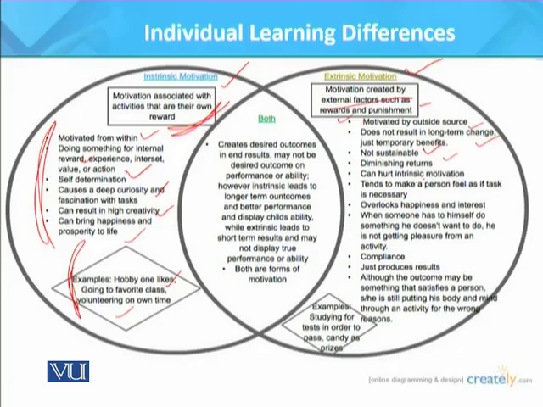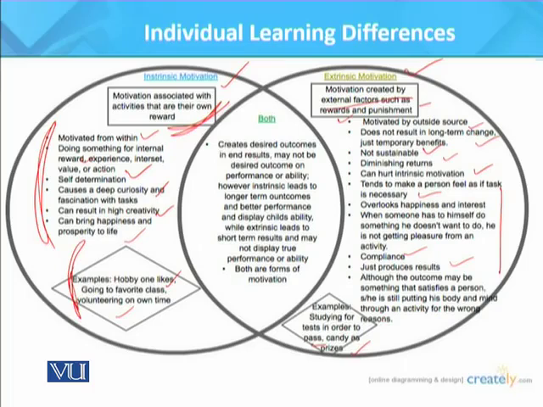Diminishing results can hurt intrinsic motivation, which is permanent, and tends to make a person feel as if the task is necessary. So this basically overlooks happiness, and produces compliance and results. So it is impersonal and it is an imposed type of motivation where one feels pressured or forced to perform certain acts. Examples can be studying for a test in order to pass, or candy as a prize, that's the motivation. If you pass, you get something as a prize.